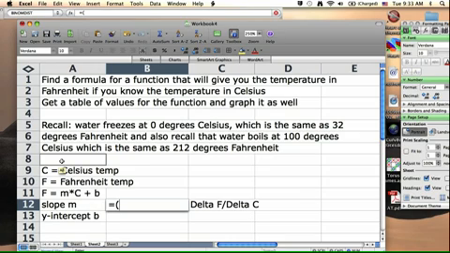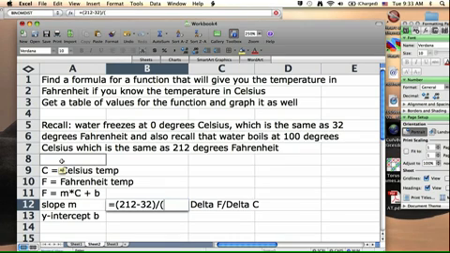As you imagine the actual temperature changing from freezing temperature to boiling temperature, how does F change? It increases from 32 to 212. So the change in F is 212 minus 32. Notice how I'm typing this: the equal sign, and the parentheses, divided by the change in C as you go from freezing to boiling.